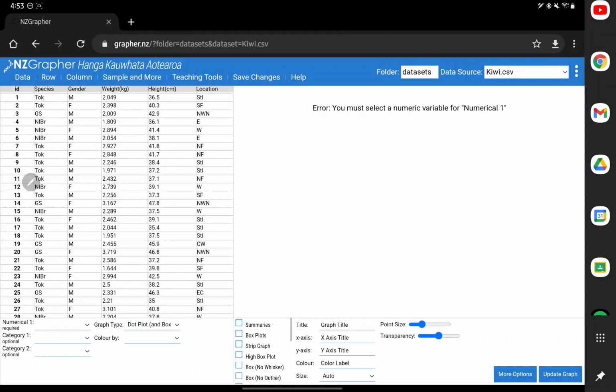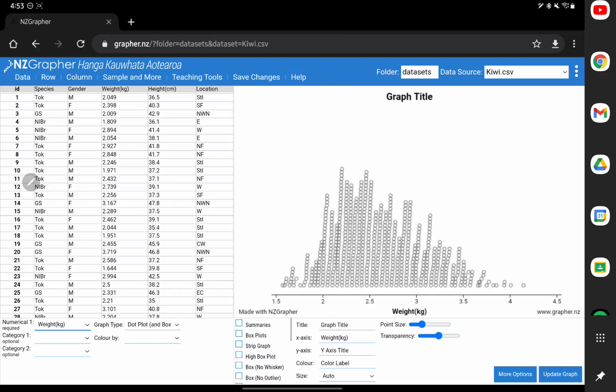We can't choose species, gender, or location. That's not a measured number. So we're going to have to say we're going to compare either the weight or the height. And you can choose whichever one. But right now, at the moment, I'm going to choose weight to compare. I'm going to say I'm going to compare weight, and I'm going to compare weight between two groups.